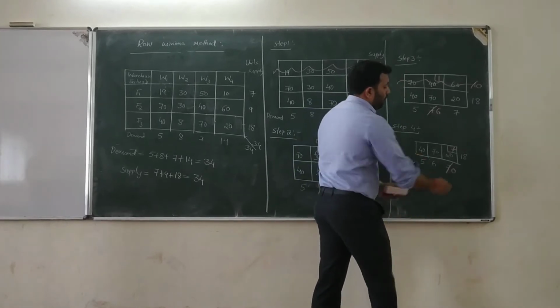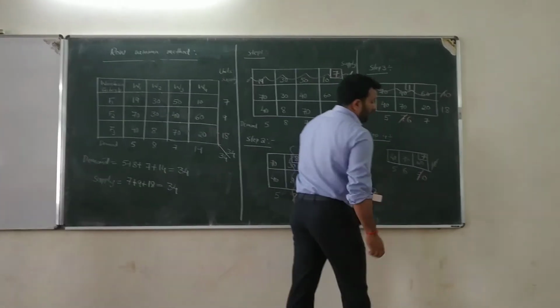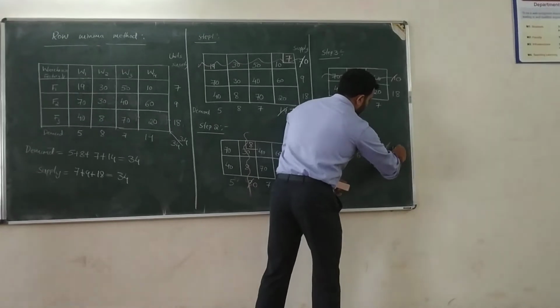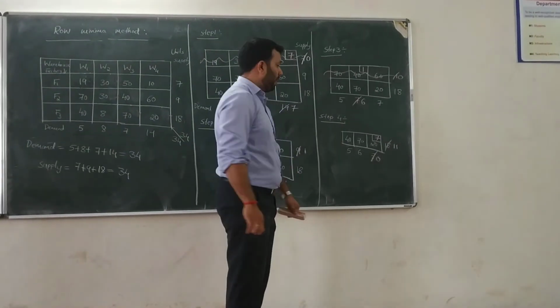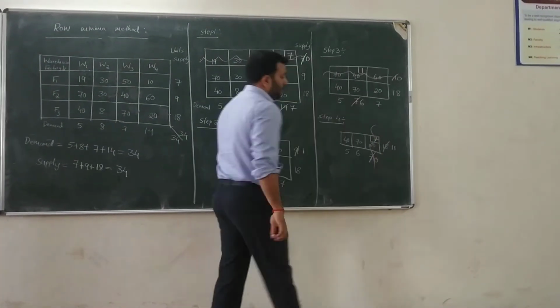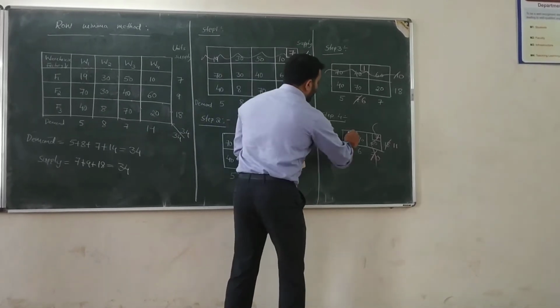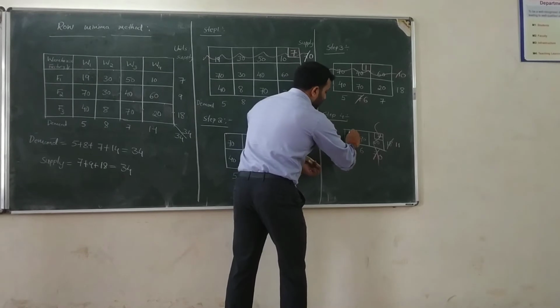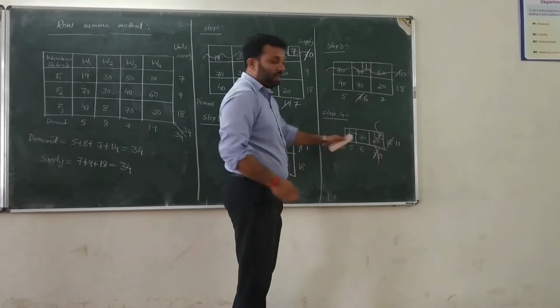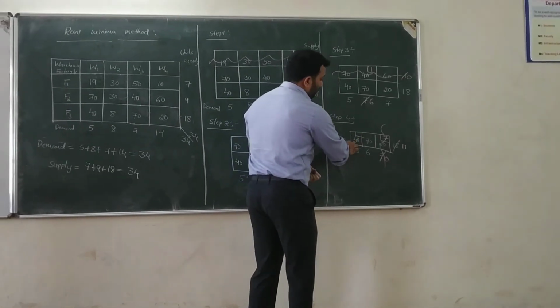This becomes 0, and I am left with 11 units of supply, so that column has to be cancelled. Again 40 and 70, out of that you have to select the minimum. Here the minimum is 40, so I am allocating to that particular position.